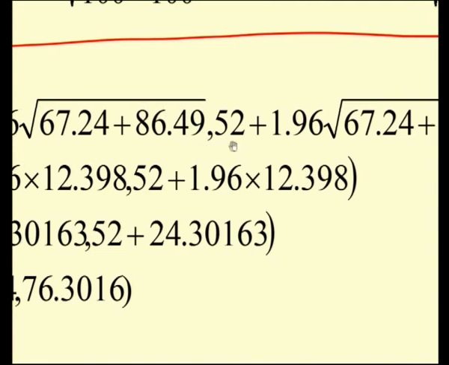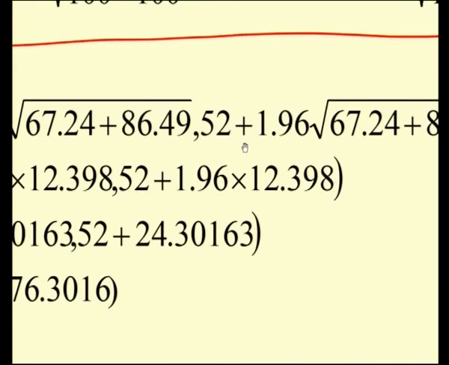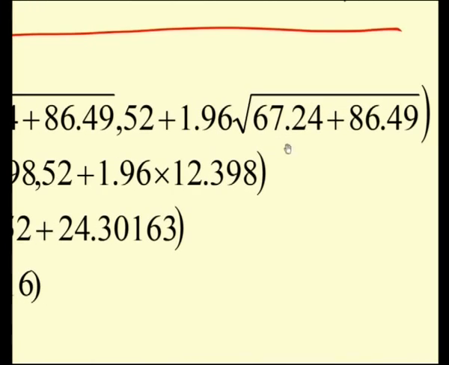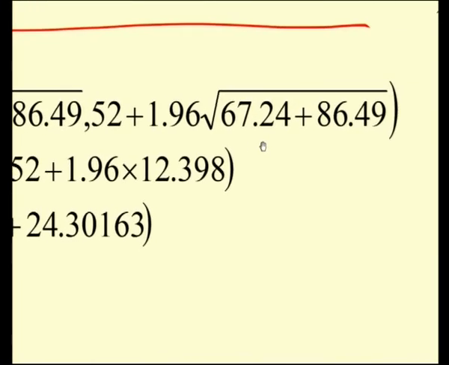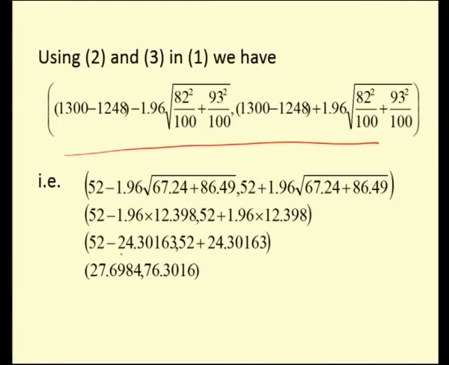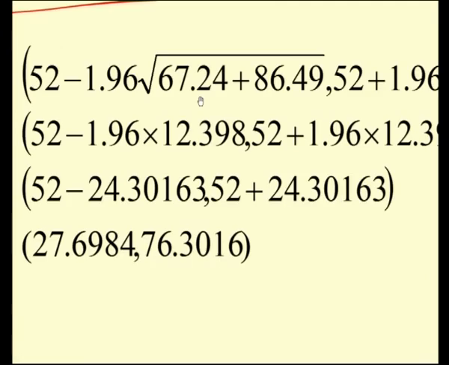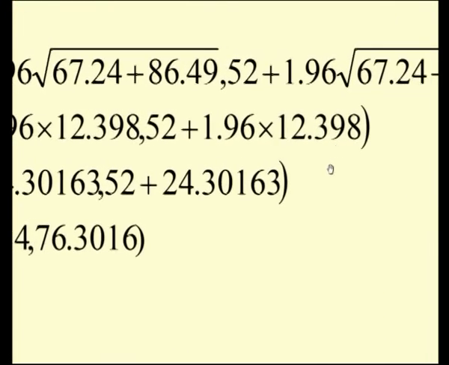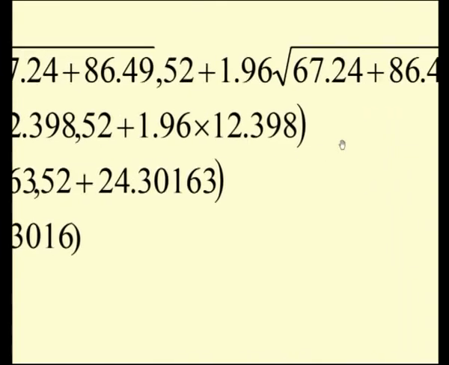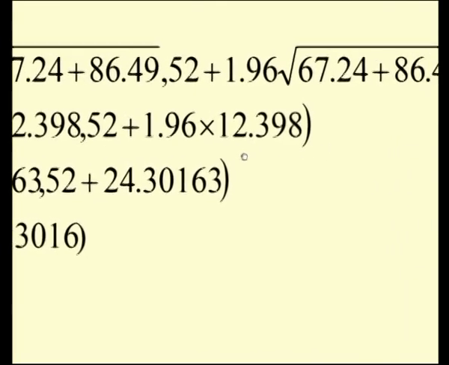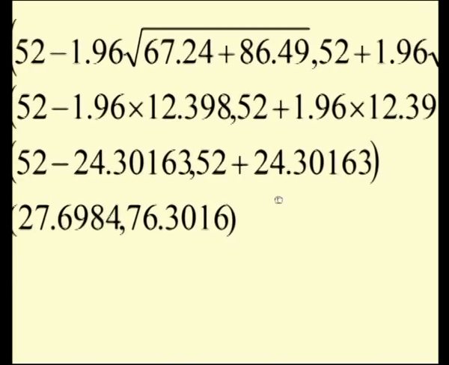So in a similar manner, it is the difference in mean plus the table value into your standard deviation value. On proceeding in this particular manner, that is adding and taking the square root, you will get 12.398. Here also 67.24 plus 86.4 gives you 12.398.